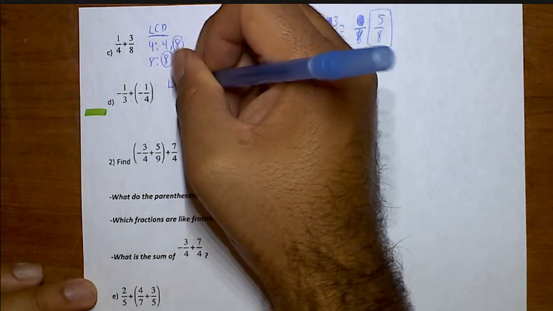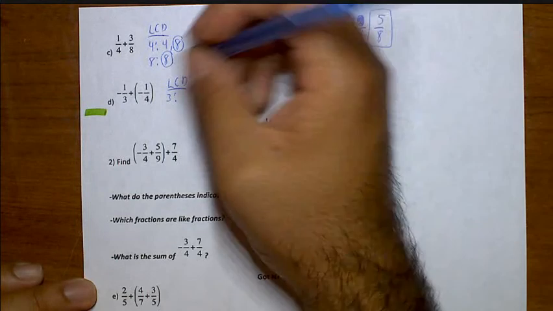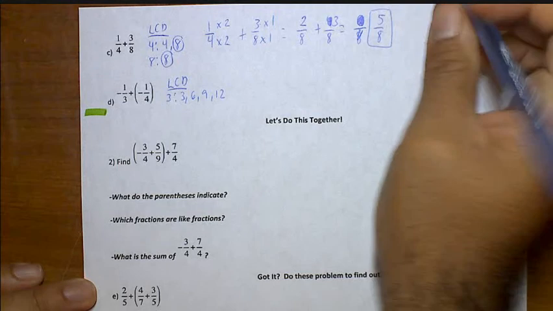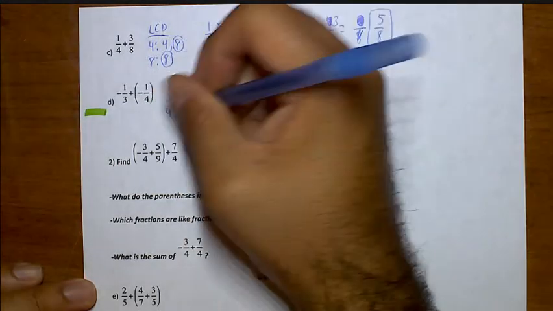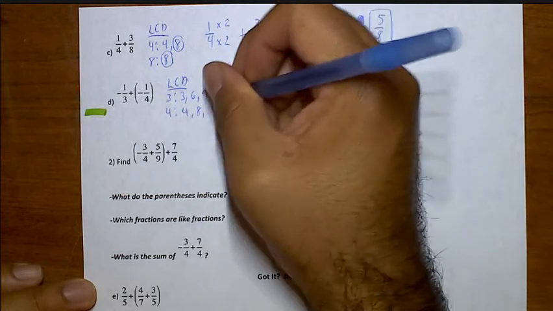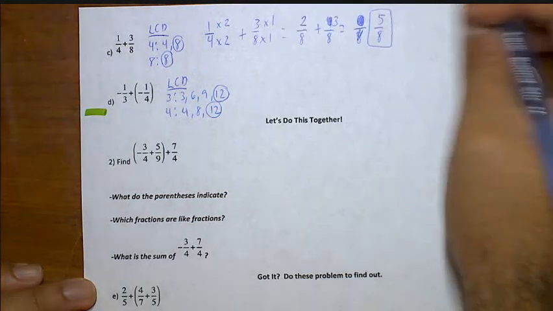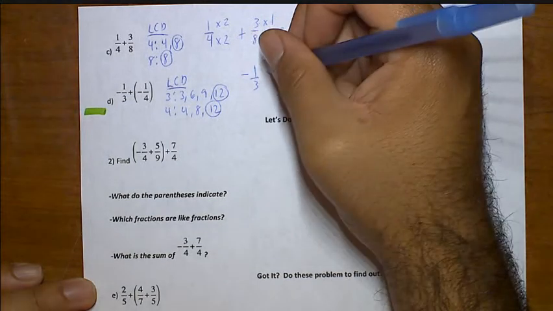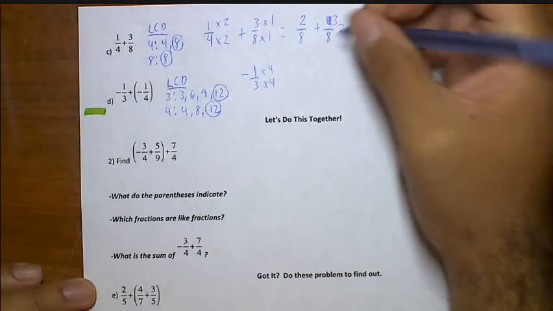That's our LCD. Let's rewrite the fractions. Negative 1/3 times 4 over 4 plus negative 1/4 times 3 over 3 equals negative 4/12 plus negative 3/12.